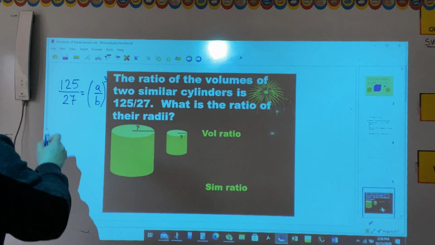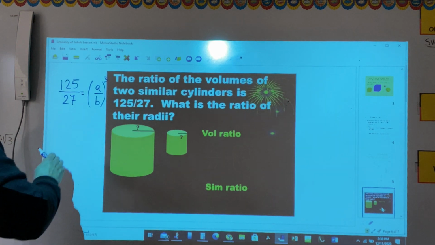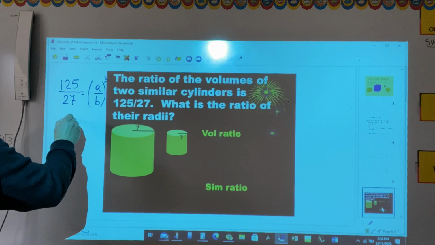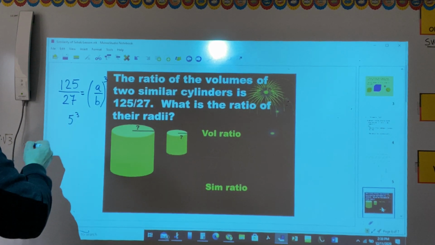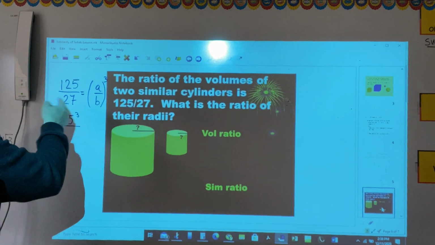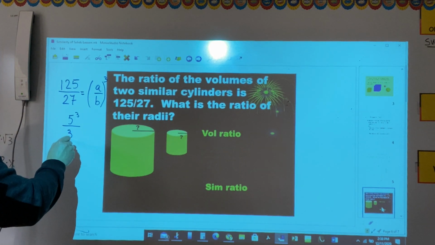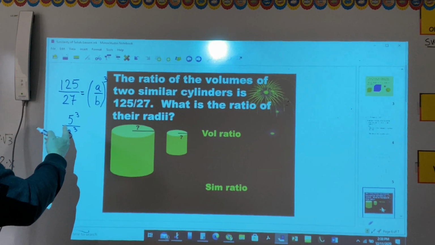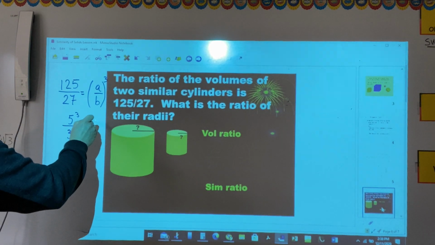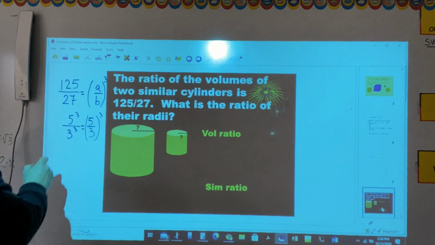Now, if you look at 125, 125 is the cube of 5, right? In other words, it is 5 cubed. Why? Because 5 times 5 times 5 equals 125. 27 is the cube of 3. Yes? Why? Because 3 times 3 times 3 equals 27, right? Which is 5 over 3, to the power of 3.